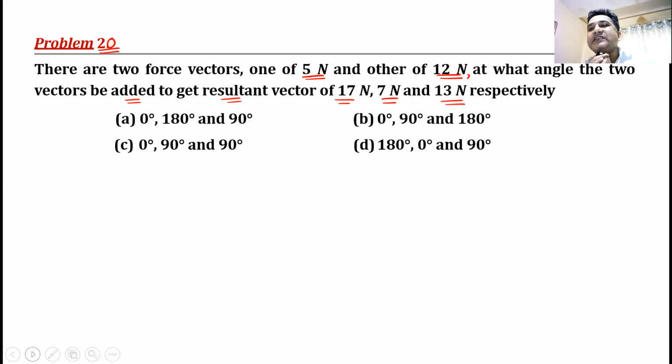Can anyone tell me the answer? Have you seen this problem before? Anyone? Is it there in your notes, beta? You do not have your notes of vectors with you?